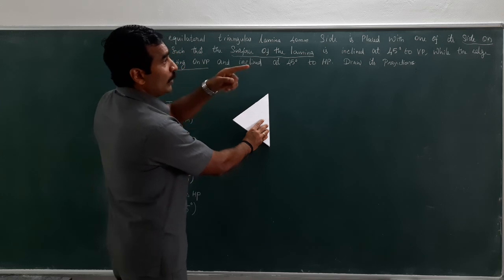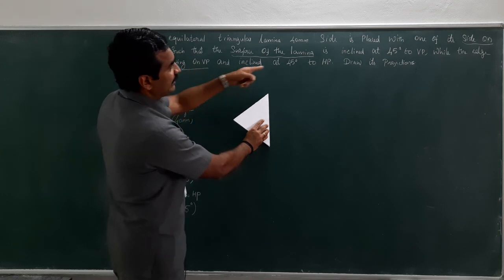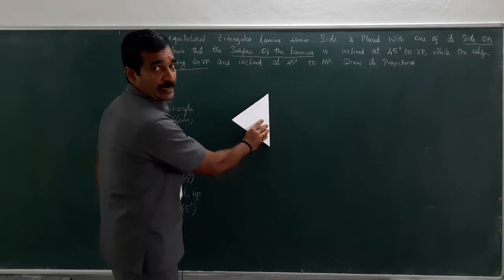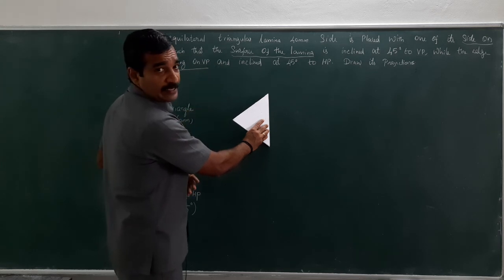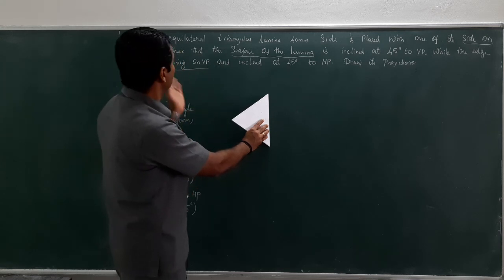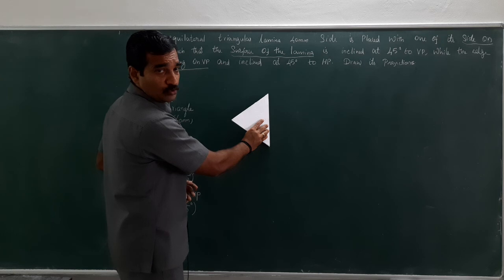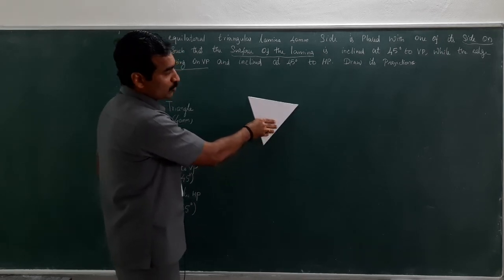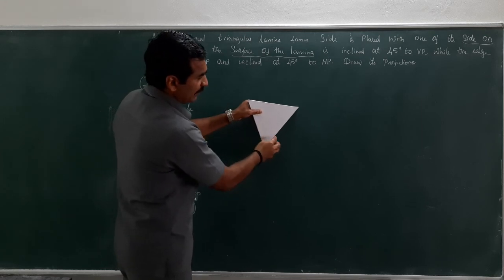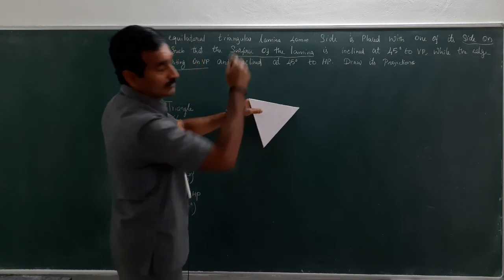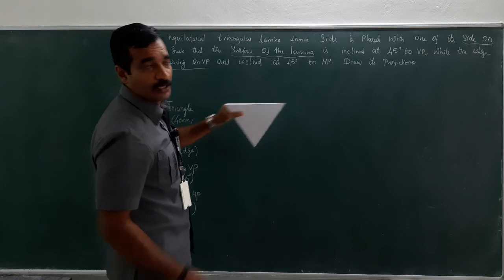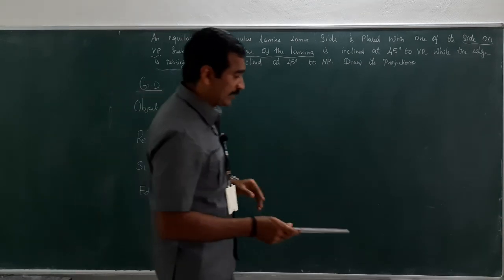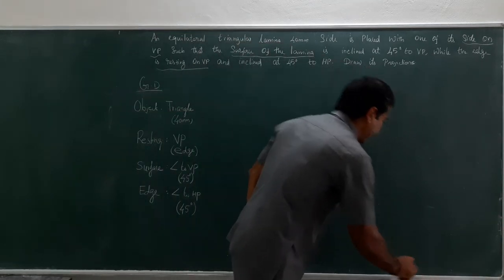Next, while the edge is resting on VP, inclined 45 degree to HP, it is going to be like this, making some inclination with HP. So these are the three stages which I am going to draw here.